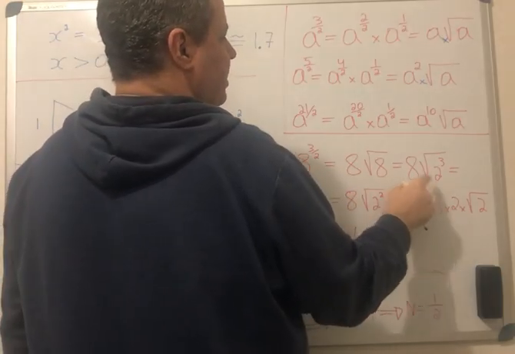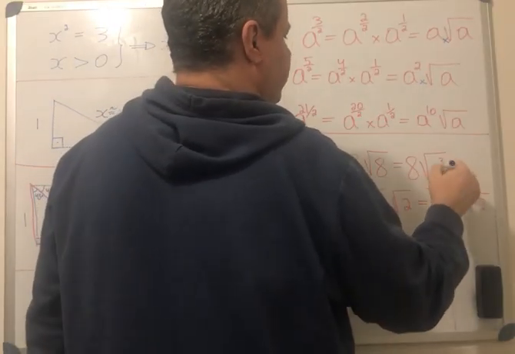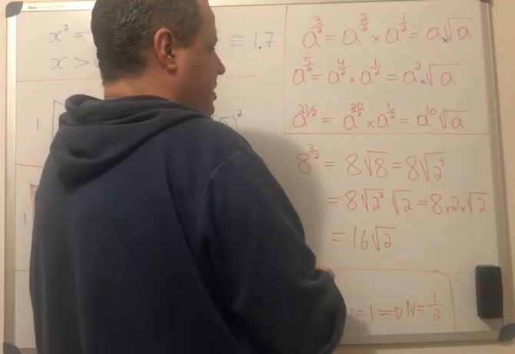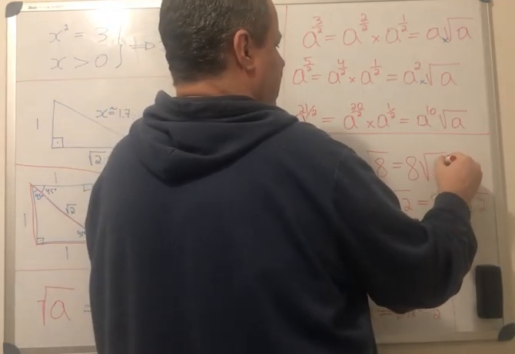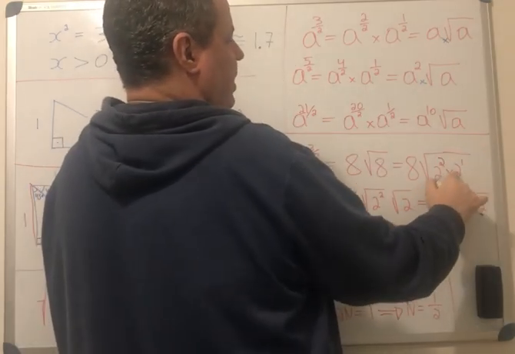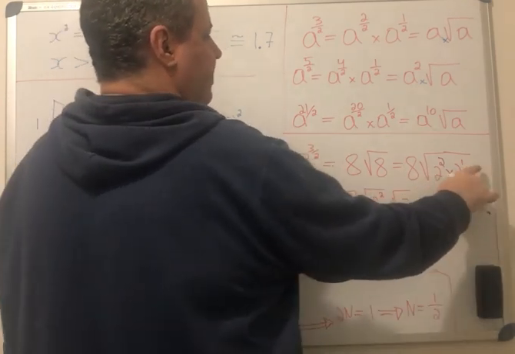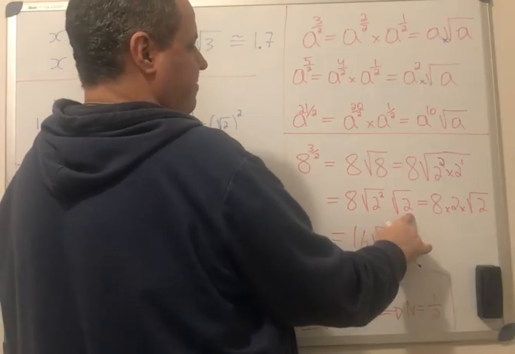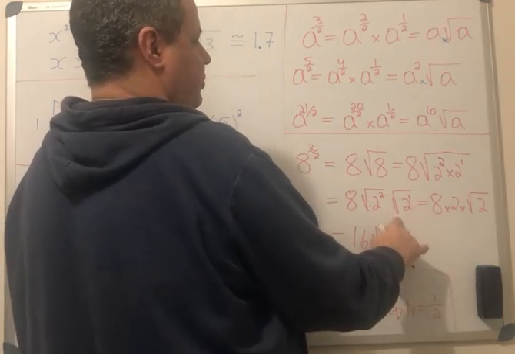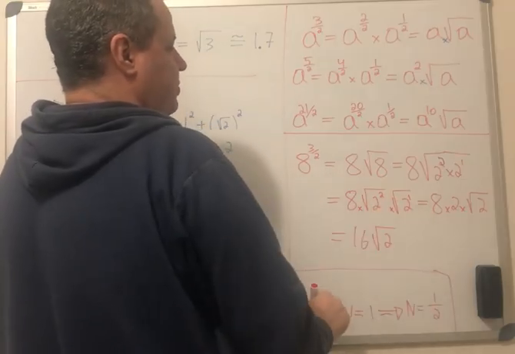But now this 8 here is 2 to the power 3, and we can simplify that. 2 to the power 1 times 2 to the power 2 is 2 to the power 3, which is 8. And now I can separate this square root this way: the square root of 2 squared times the square root of 2 to the power 1. Always multiplying here, right? I'm not writing the symbols, but it means multiplication.